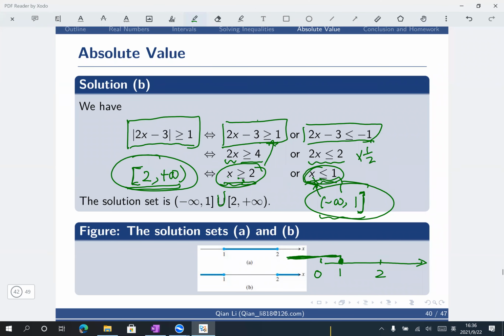Then all the numbers larger than 2, and also can equal 2, so we draw a solid dot on 2, and all the numbers larger than 2 means all the numbers on the right of 2, right? So we draw a line on the right of 2. So this is a picture for this solution.